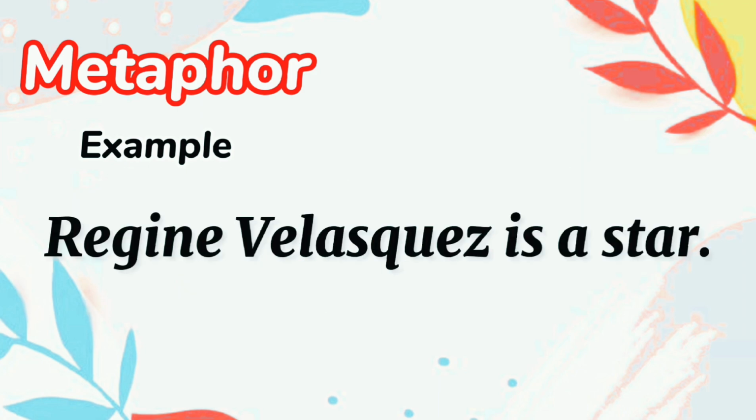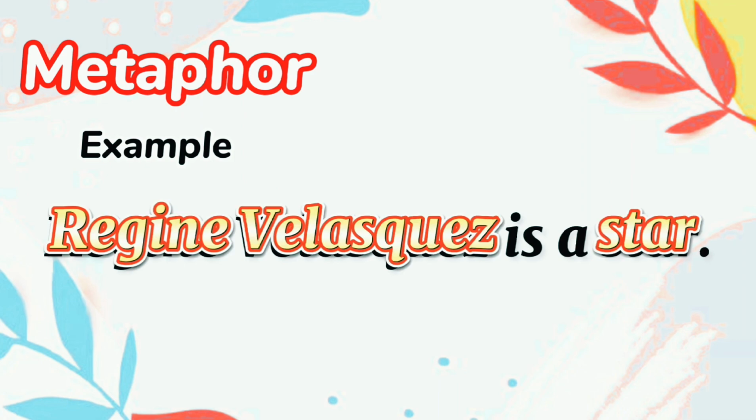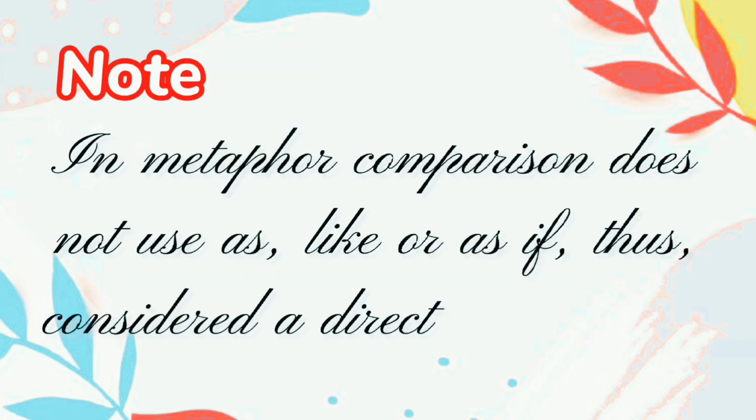Another example is Regine Velasquez is a star. What are compared? Regine Velasquez is compared to a star without the use of like, as, or as if. Remember, in metaphor, comparison does not use as, like, or as if, thus considered a direct comparison.